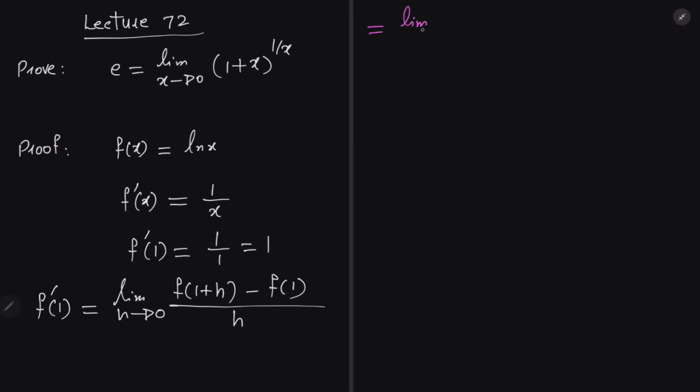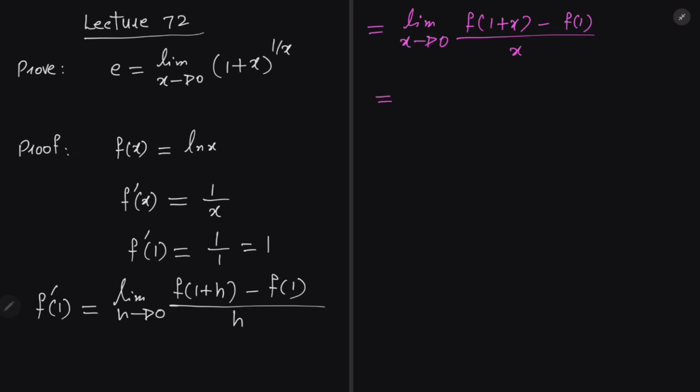Or maybe we can change the limit to x approaches 0. The limit is the same, but we change the variable here: f of 1 plus x minus f of 1, divided by x. We replaced h with x.